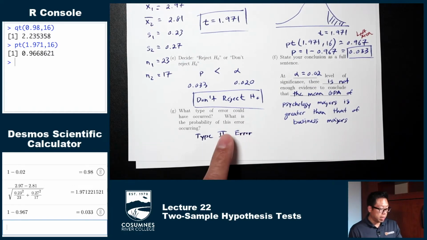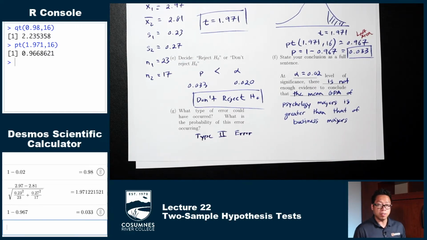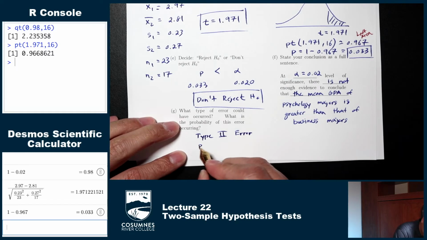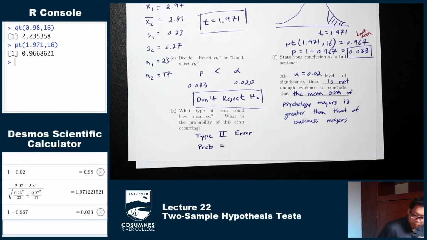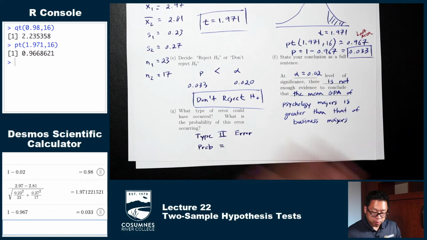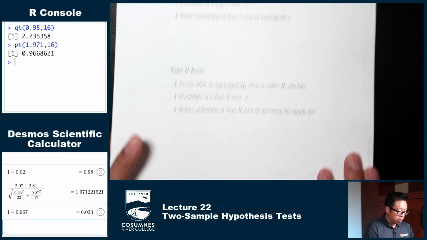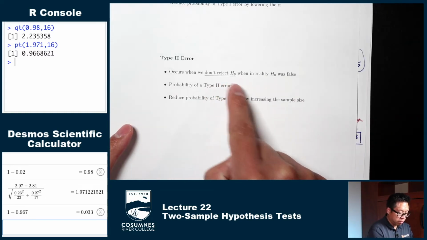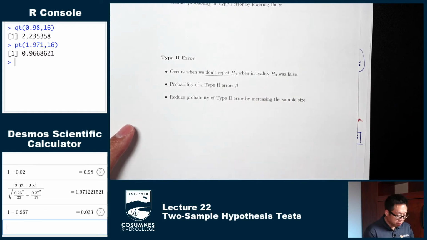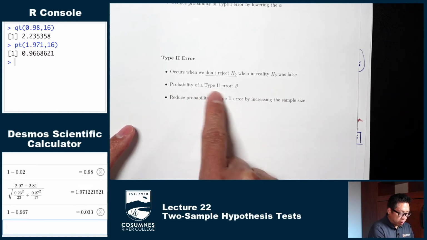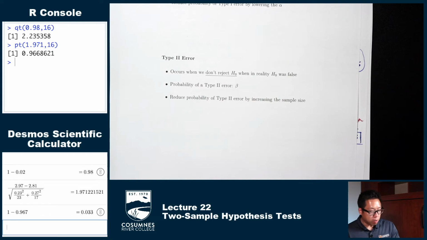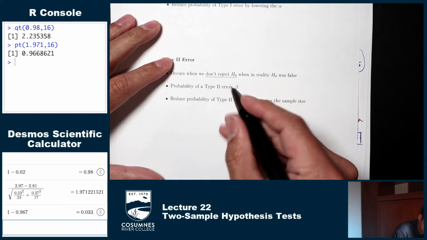Okay, and the second question is, what is the probability of this error? So go back to the second page here. Type 2 error occurs when we don't reject H0 when in fact H0 was false. Probability of type 2 error is beta. We're not going to actually compute beta here.